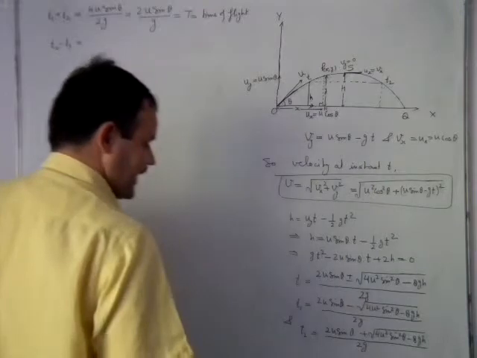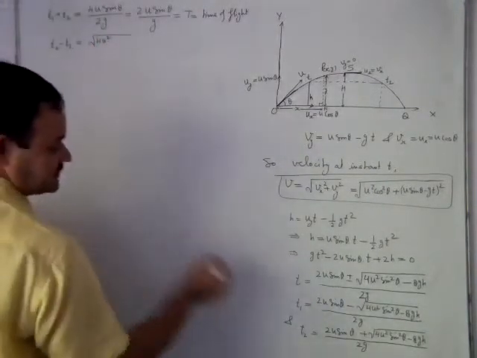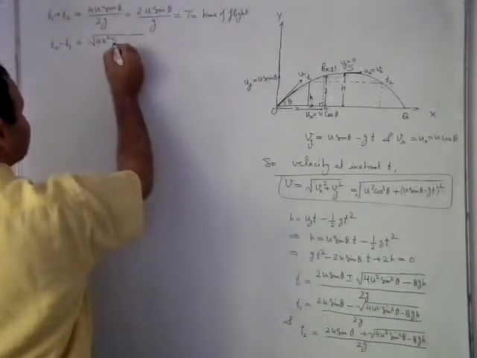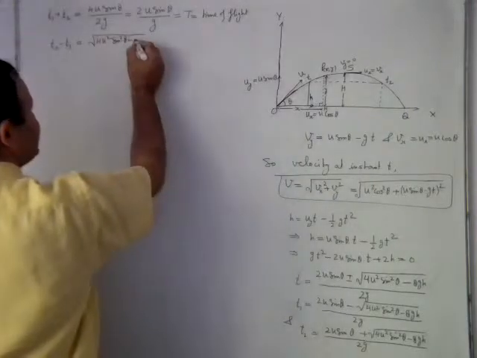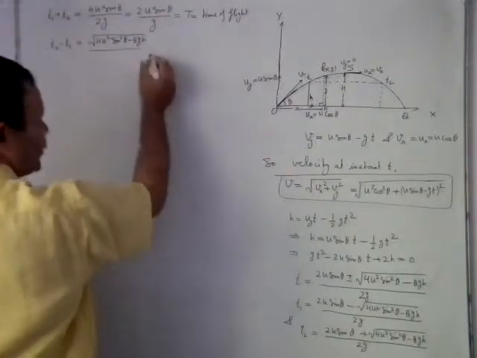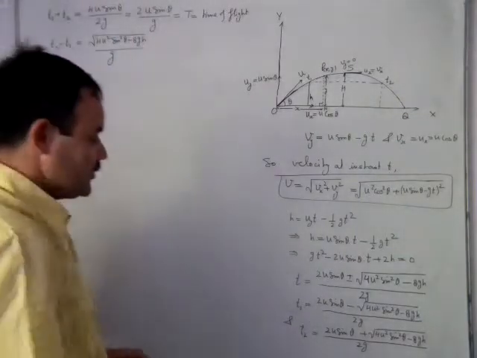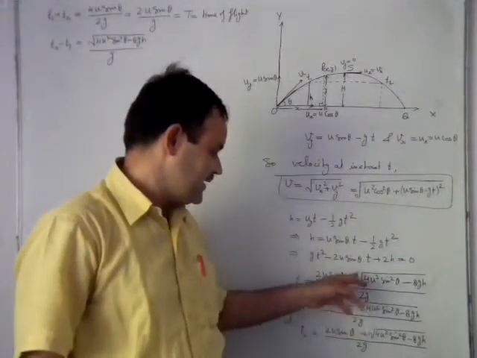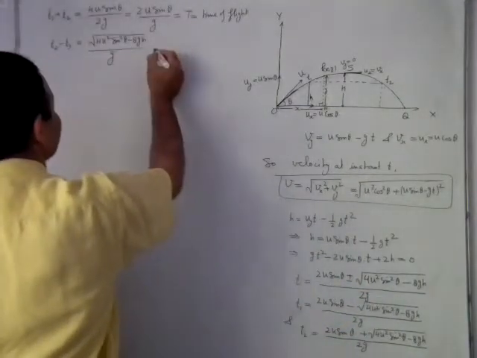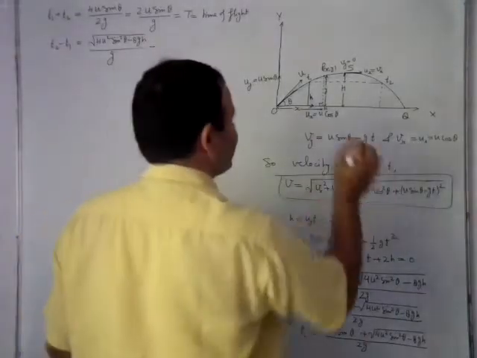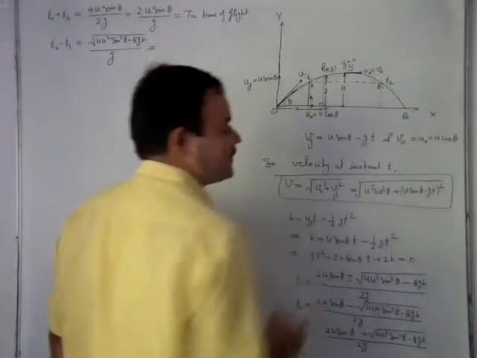If we subtract, we will get under root 4u square sin square theta minus 8gh upon g upon g, because 2 will get cancelled by the twice of this term. So it will give the time interval taken by the projectile from this point, say A, to this point B.